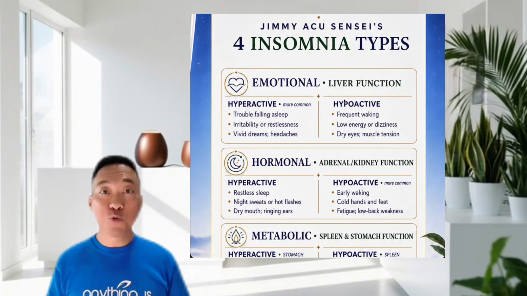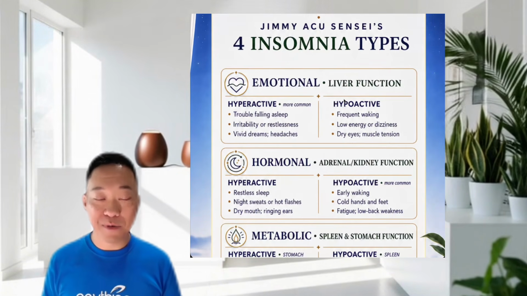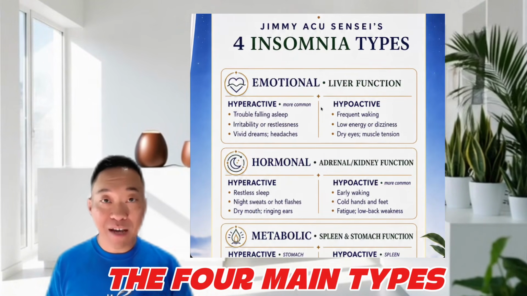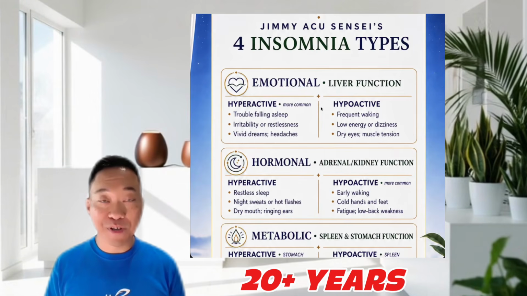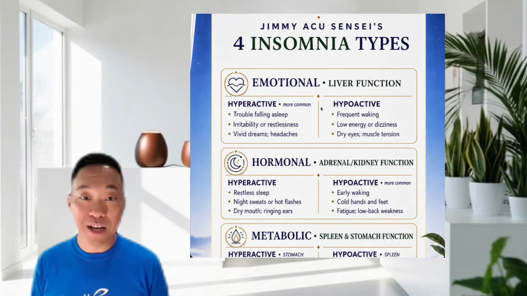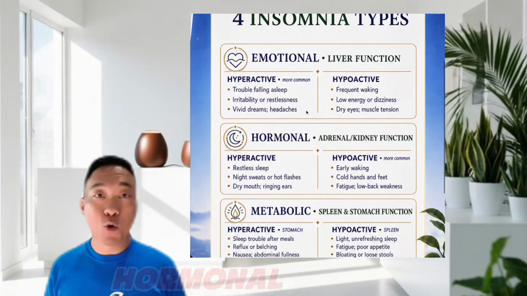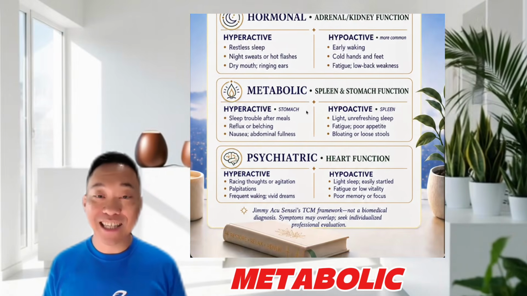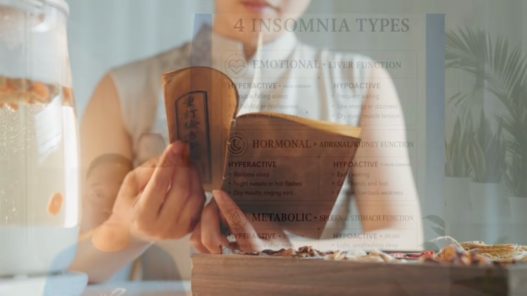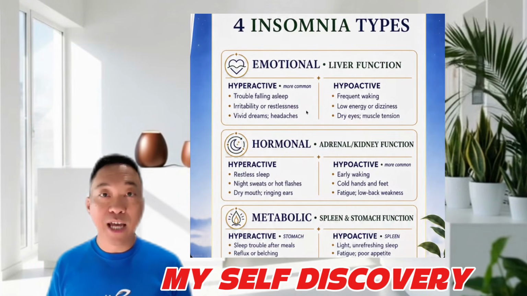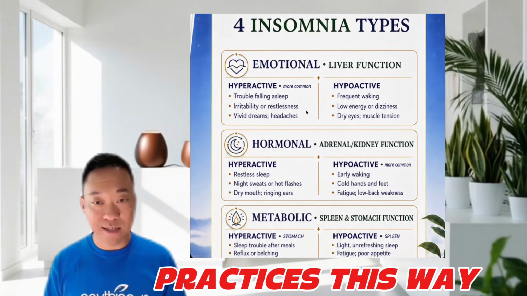So let's review the four types of insomnia. These are the four main types that I have discovered after 20 plus years of clinical practice and treating thousands of patients: emotional, hormonal, metabolic, and psychiatric. You're not going to learn this in any Chinese medicine textbook because this is my self-discovery and only my team practices this way.